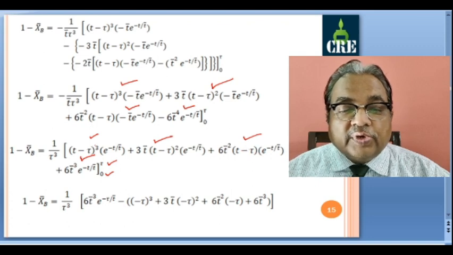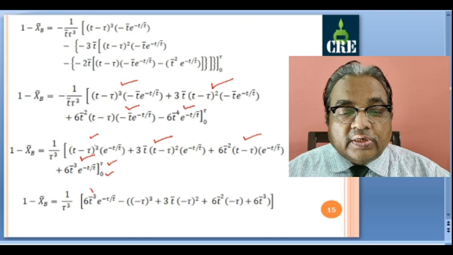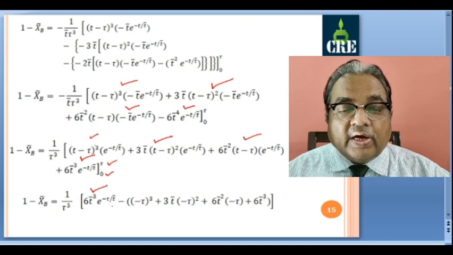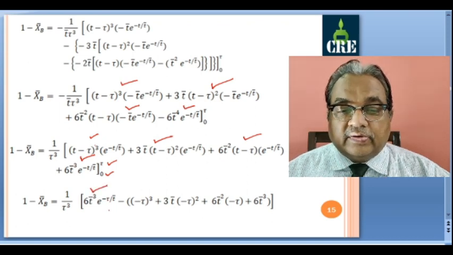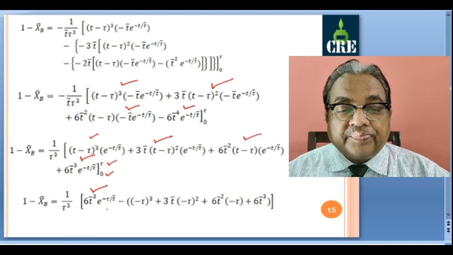So the first 3 terms become 0, and the last term, 6 t bar cube e raised to minus t by tau. So 6 t bar cube e raised to minus tau by t bar I get from the upper limit, only one term.